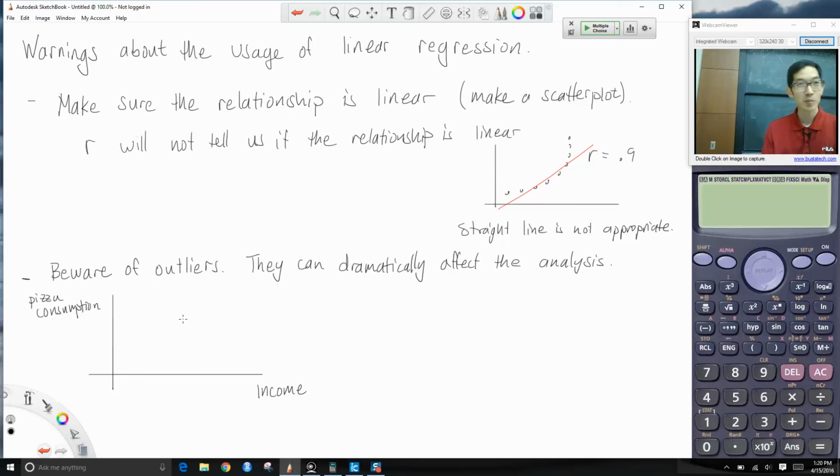Now, probably, I would not expect to see a very strong relationship, if there's any relationship, because you've got people with high income who eat lots of pizza. You have people with low income who still eat lots of pizza, and you've got people with high income who don't eat pizza, and people with low income who don't eat pizza. So I would expect a trend not really to exist.